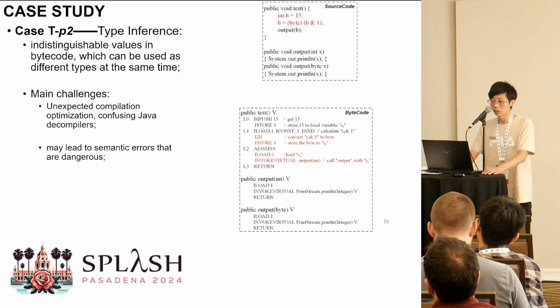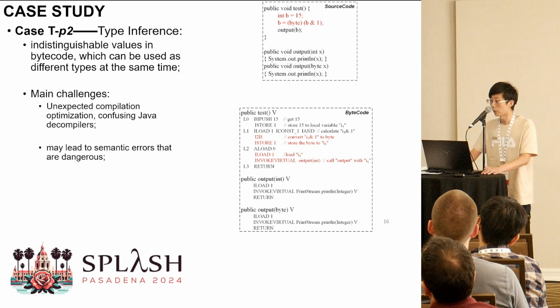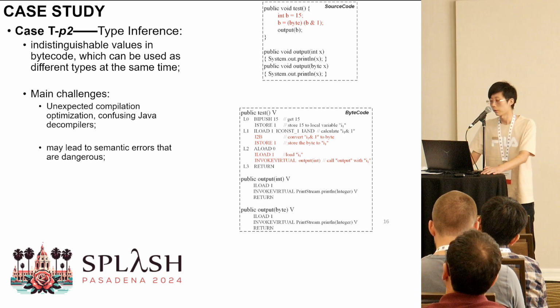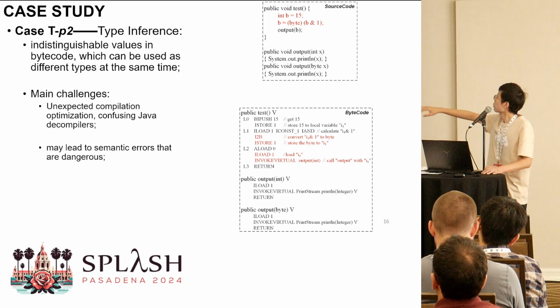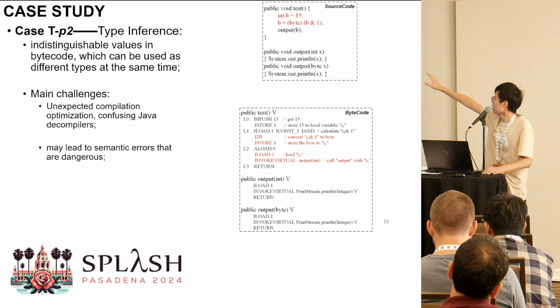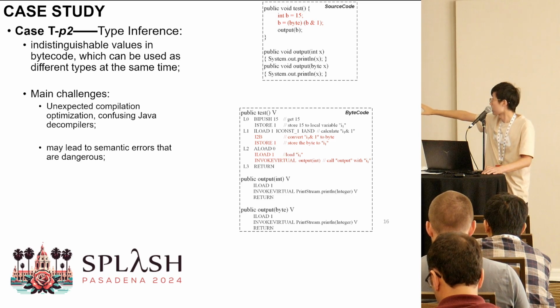Another part of case T is related to indistinguishable types. That is, in the bytecode, many values of types, for instance int and byte, can be intermingled. It requires the decompilers to carefully determine whether a value should be classified as an int or byte. For instance, the variable b here is an int in the source code, but in the bytecode it can be used as both int and byte.